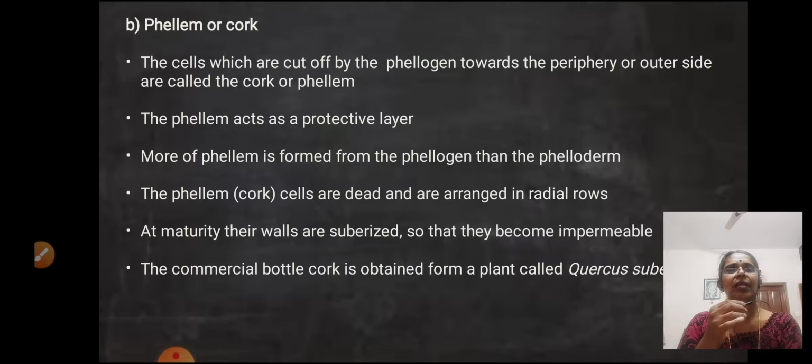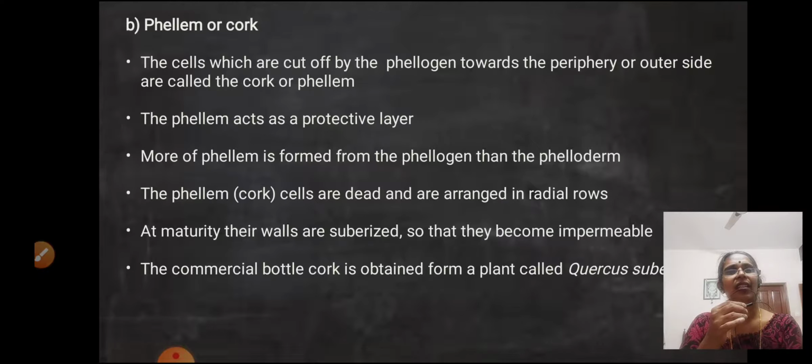So what is this phellem or cork? The cells which are cut off towards the outer side by the cork cambium are called cork or phellem. It acts as a protective layer, and more phellem is formed from the phellogen than the phelloderm. That means the amount of cork formed is more when compared to the phelloderm, and these cells are dead cells.